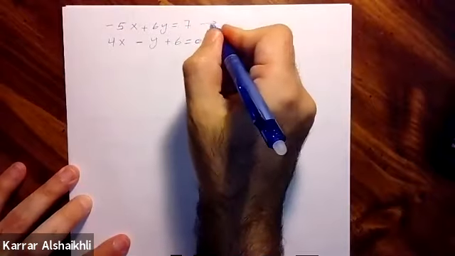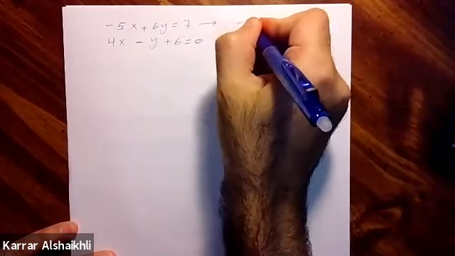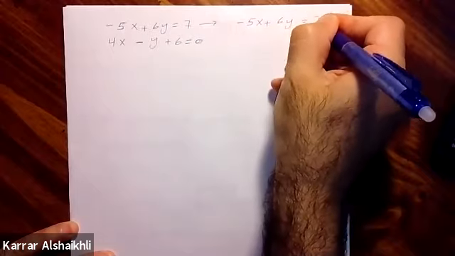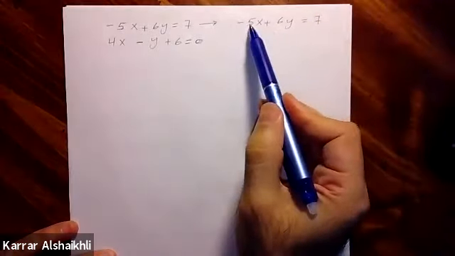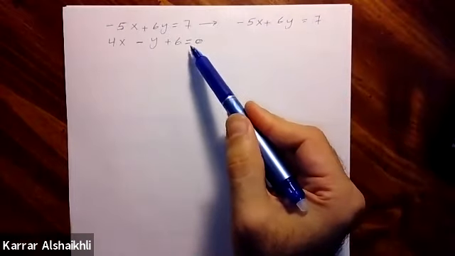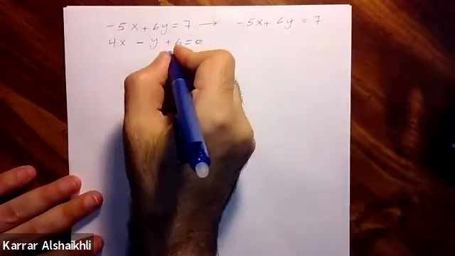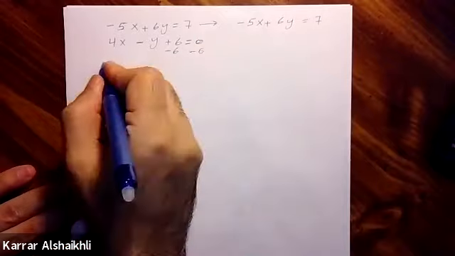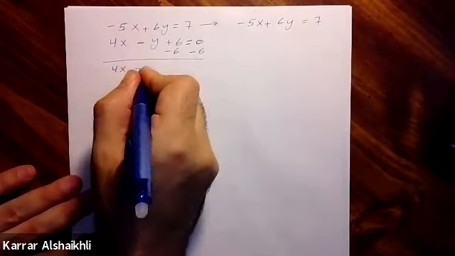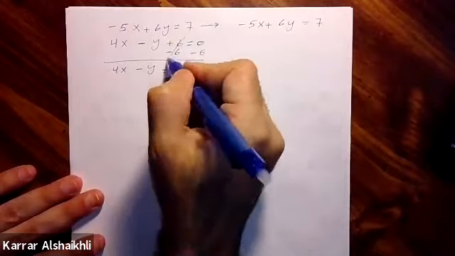The first equation, -5x plus 6y equals 7, is okay: the variables are on one side and the number by itself on the other side. With the second one, I have to move the 6 to this side. So I'm going to say -6 from both sides. So it's going to be 4x minus y equal -6, because this cancels and the other side is going to be negative.